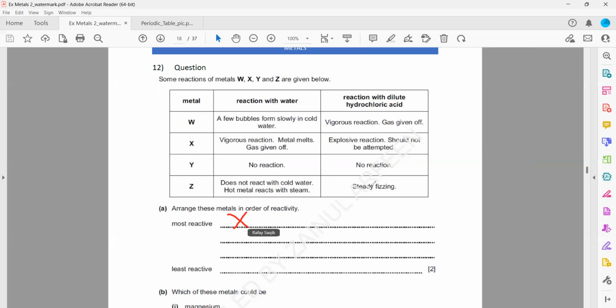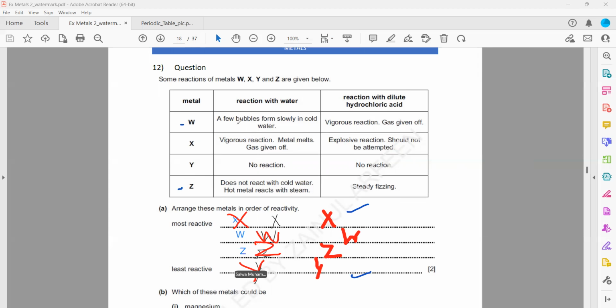Which is the most reactive? From this order, we identify that Y should be the least reactive and X is the most reactive. That's right. And then we have to check between W and Z. When you check W with Z, few bubbles are there and Z does not.